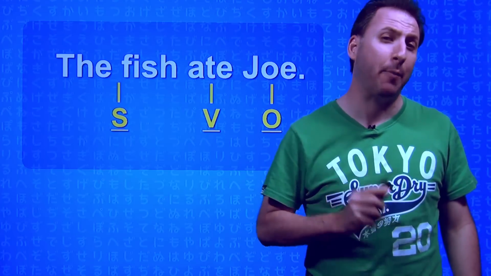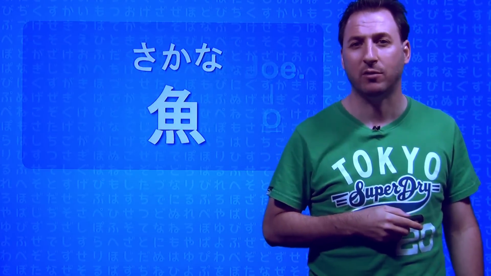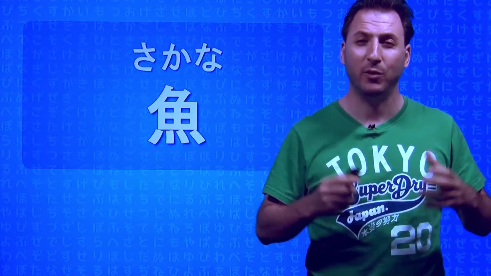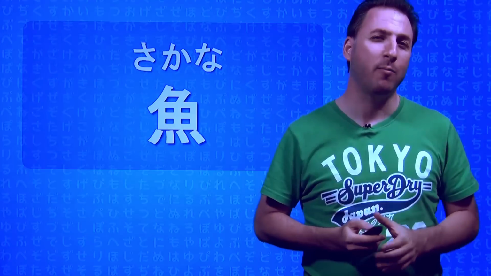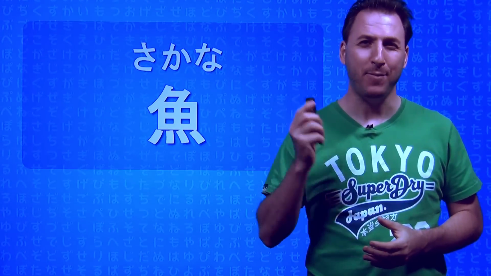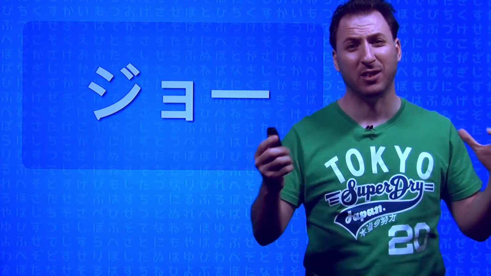What about Japanese? Well, let's learn some Japanese words to make sure that you know them before we go into this sentence. We have sakana, which means fish. Good way to remember this is suck on a fish. Sakana. Sucking on a fish, yeah. All right, then we've got this guy, Joe. Now, I really wanted to do Joji, which is my name, but it gave me too many letters and it made the sentence too long.